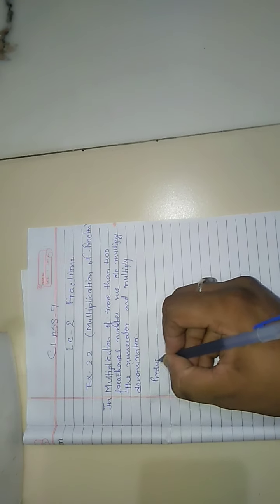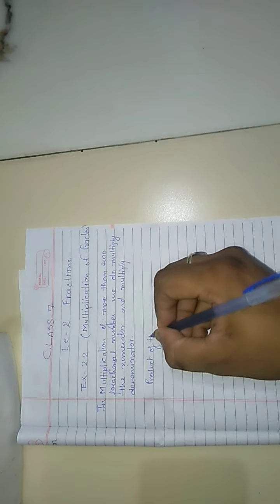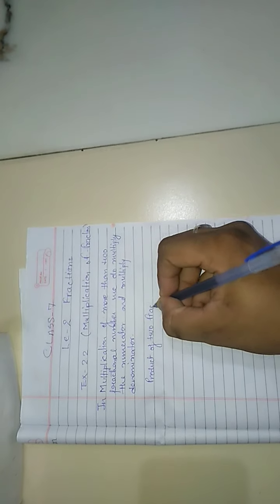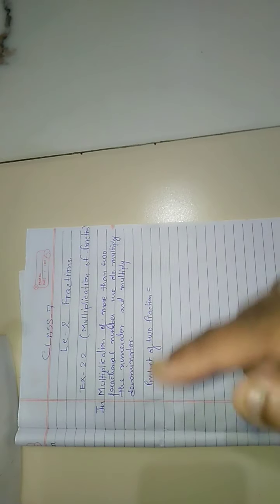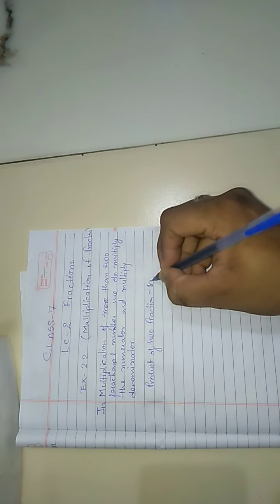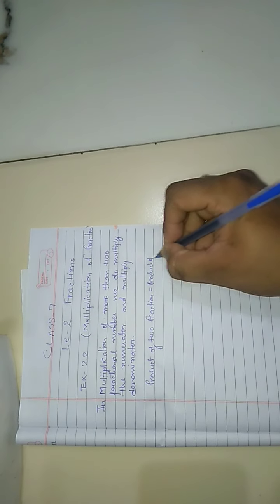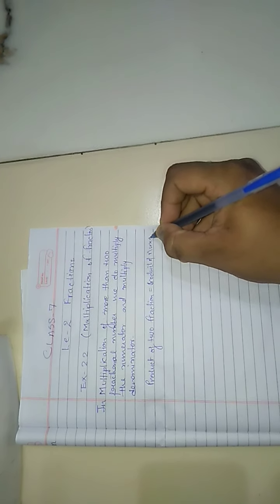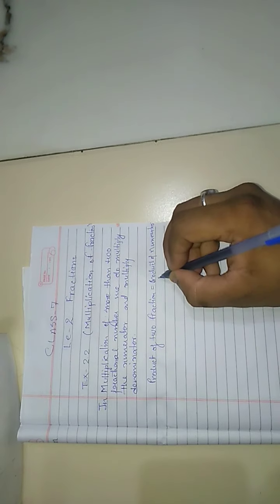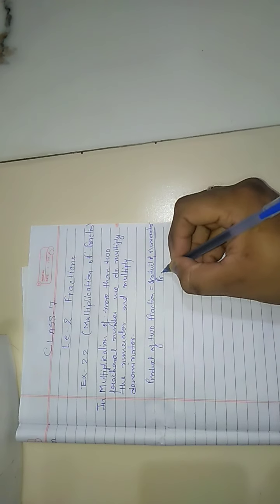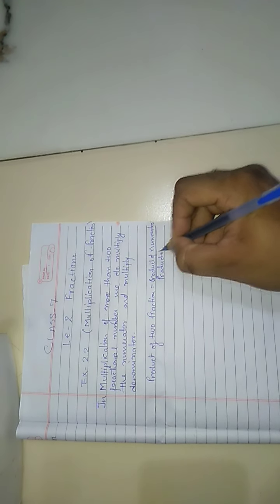Product of two fractions means when you multiply two fractional numbers, then the product will be equal to the product of numerators upon the product of denominators.